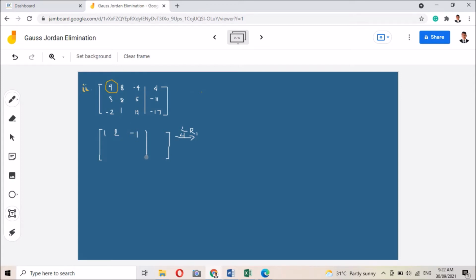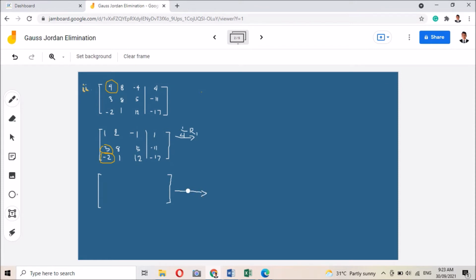And then separate them from the constant. Then 1/4 times 4 will give us positive 1. The rest, row 2 and row 3, we will just copy. Our next goal is to make these entries become zeros.